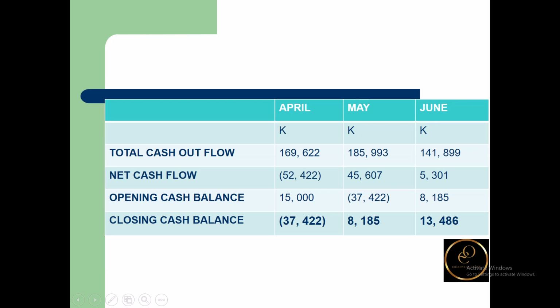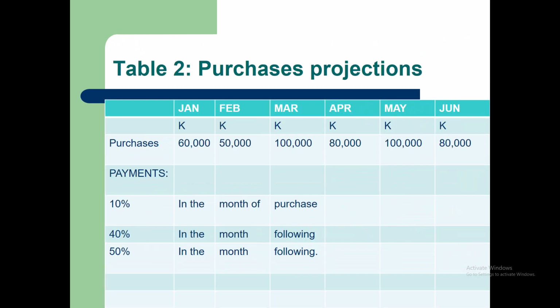Then we start looking at the next row, which is opening cash balance. Under opening cash balance, we are guided that we had 15,000 at the opening of April.